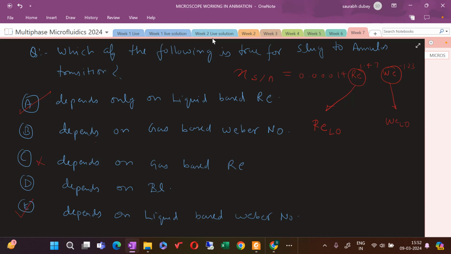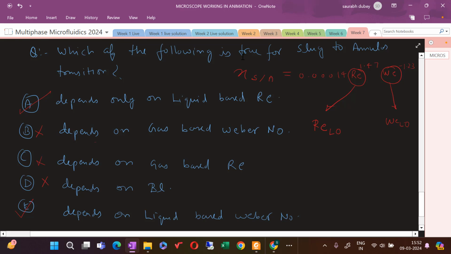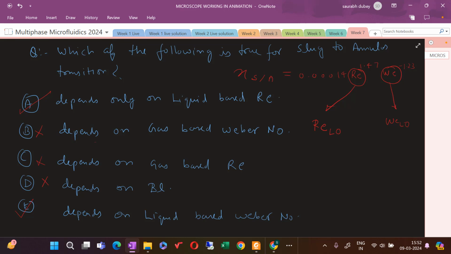This is also correct, and there is no boiling number anywhere, so that is not correct. So A and E is the correct answer to the given question.